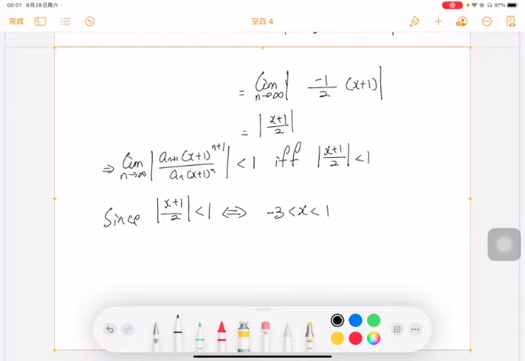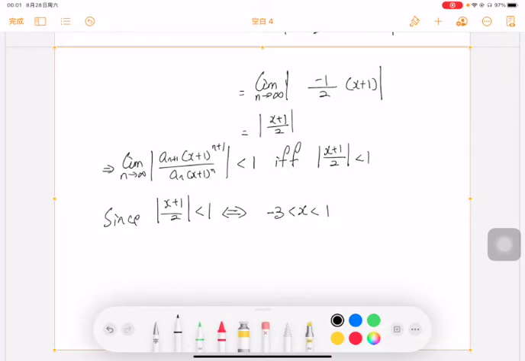Because you multiply both sides by 2, you get the absolute value of x plus 1 is smaller than 2. And then you get minus 2 minus 1 to 2 minus 1. So you have x is between minus 3 and 1.